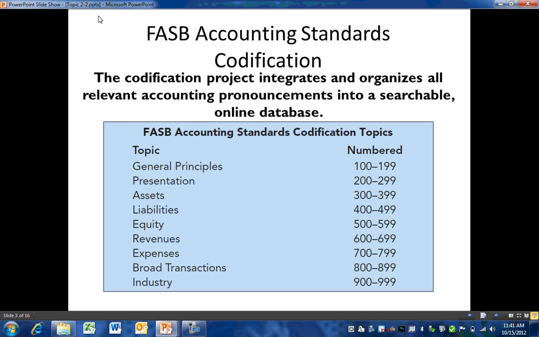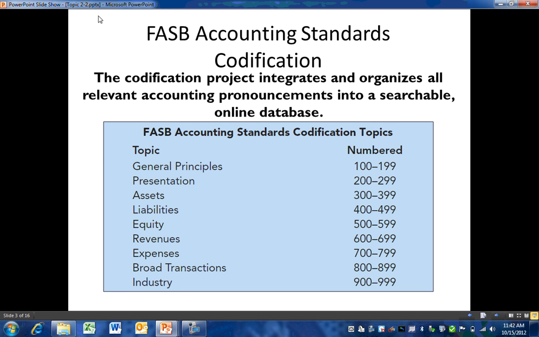In the US, when we make a statement that something has been done in accordance to GAAP, that means it can be traced to the FASB codification. The FASB codification project took accounting pronouncements that were developed over a very long period of time by different bodies.